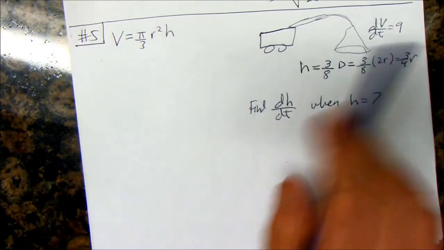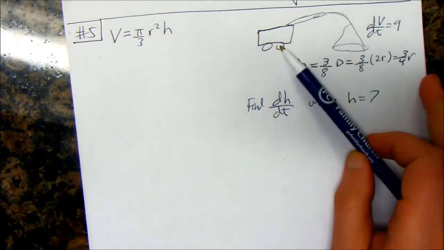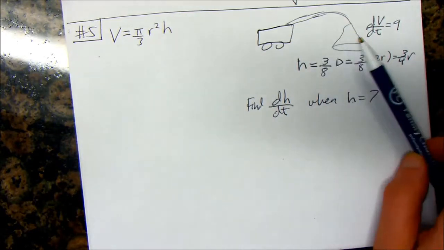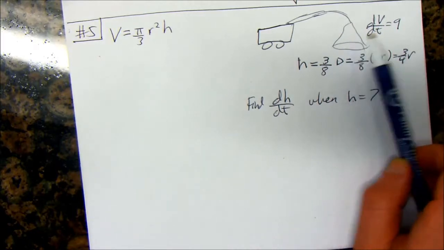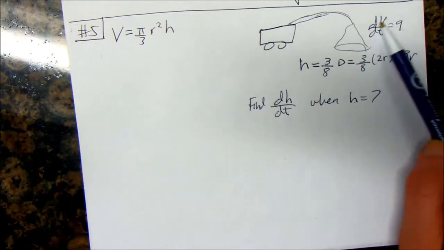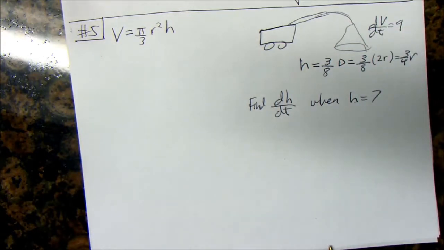So we left off on number 5, and what I have written here is you have this conical mound of sand as a conveyor belt dumps all this sand onto the mound, so the volume of the mound is changing. And they tell you that in my problem, dV/dt is 9. The volume is changing 9 cubic meters per minute, I believe.